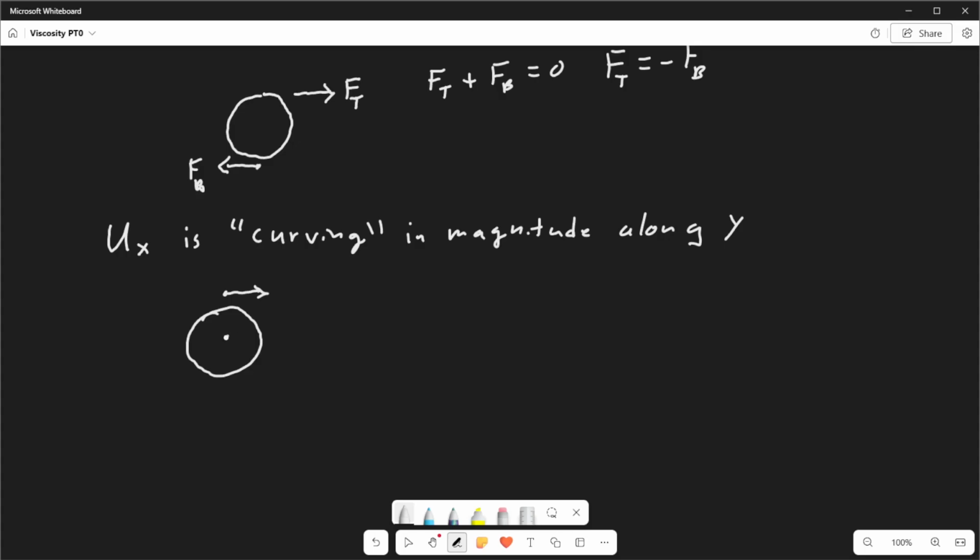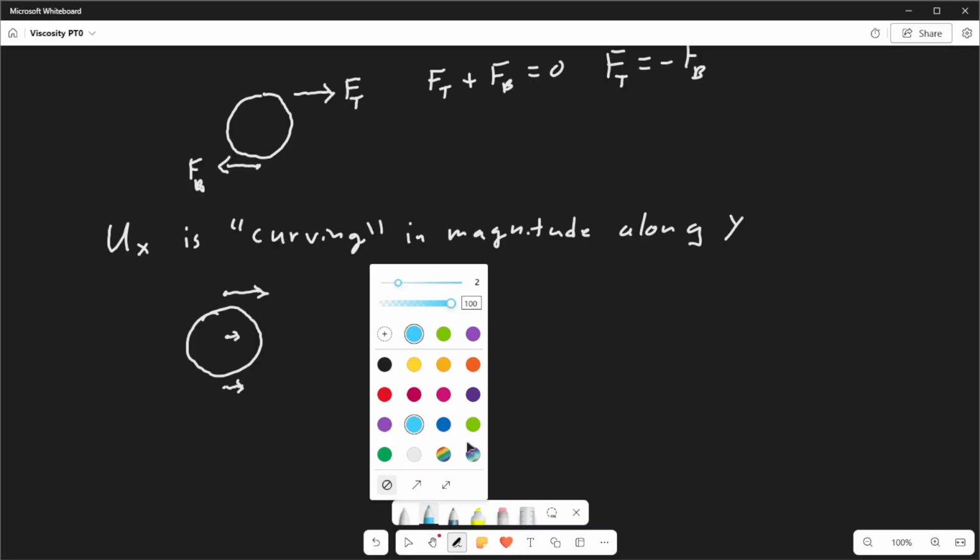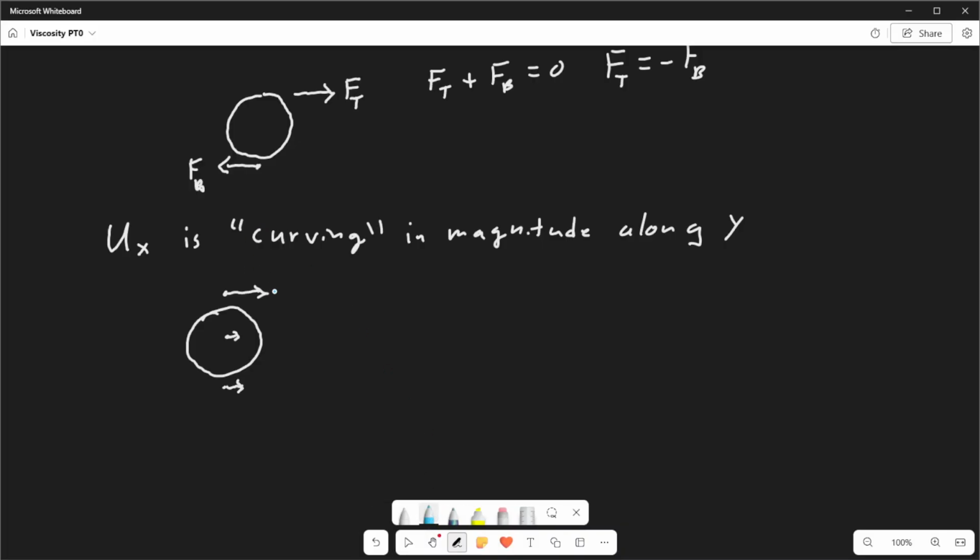Let's suppose the ux down here is actually smaller. And then this ux is bigger again, not as big. So this thing has a kind of curvature to it, in the sense that if ux was plotted as a function of y, you can see there's a curvature to this in the velocity.